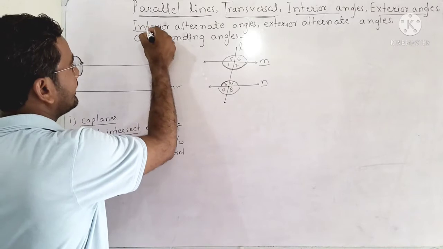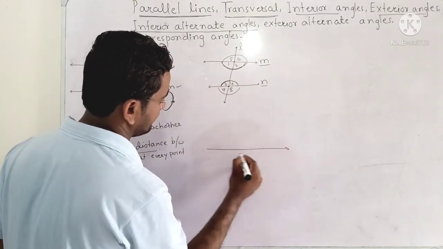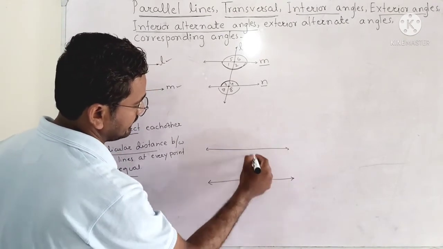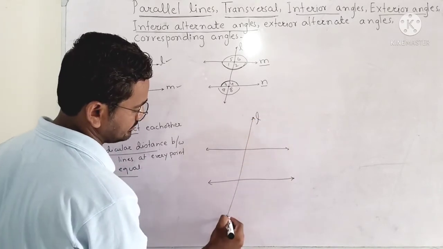Now come to the interior alternate angles. What are interior alternate angles? Suppose these are the two parallel lines, line M and line N, and transversal L intersects these two parallel lines.